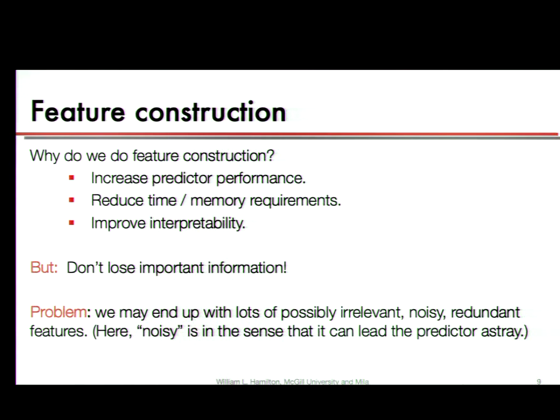You come up with some really nice feature that gives you a lot of gain, and that can be super useful because if that feature is really informative, then you can say, oh, I know why my model made this classification. It's because it has this value on that feature. And when you have a model that has a squared term and a log term and a cubic term, you're like, oh, I classify this as spam because the square of the time of day that it was written at was really high. You're like, okay. So improving interpretability is actually a useful thing that we can do by designing good features.